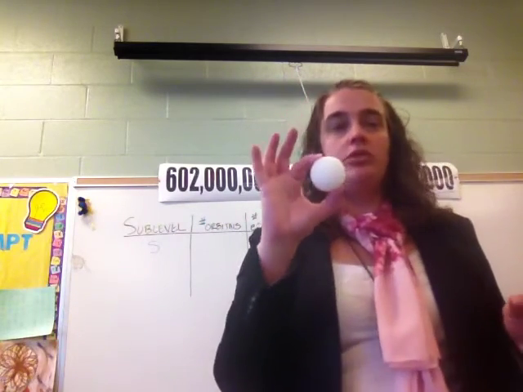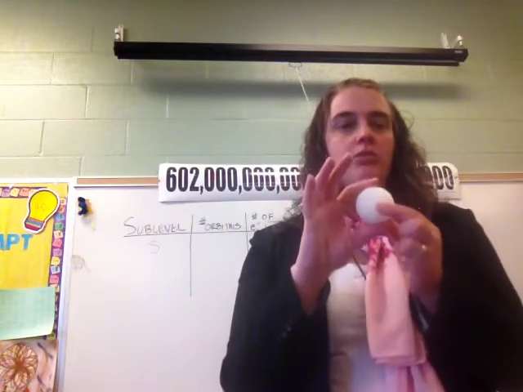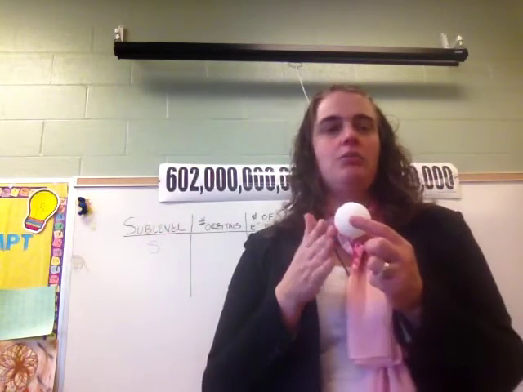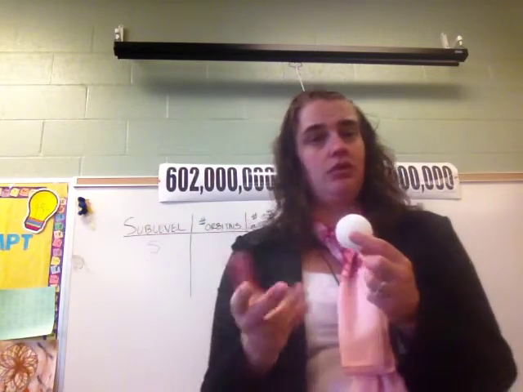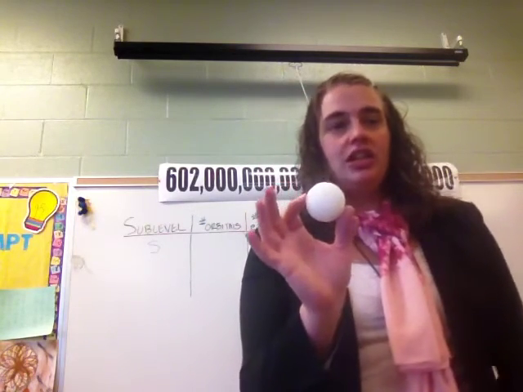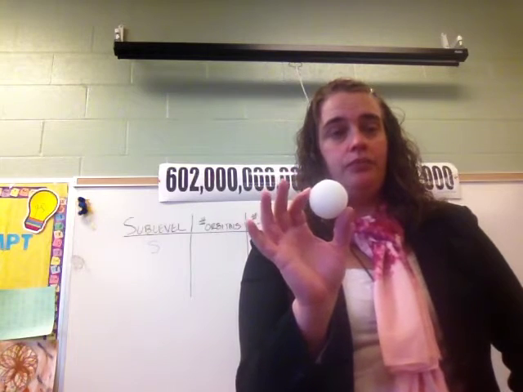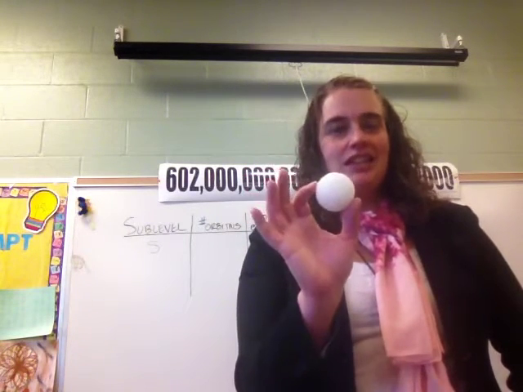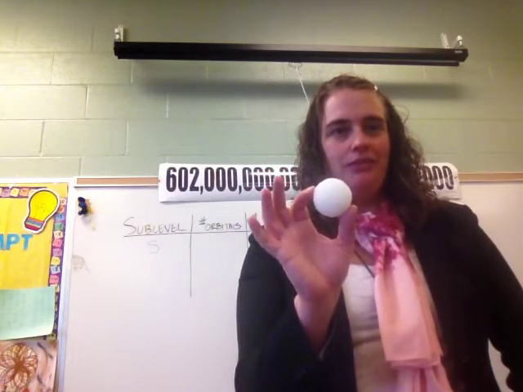But how many S orbitals can I have? When we determine this, we think about our X, Y, and Z axes. Remember that the Z axis is what makes it 3-dimensional. If I arrange it on the X axis, it looks like this. The Y axis, it looks the same way. The Z axis, it looks the same exact way.